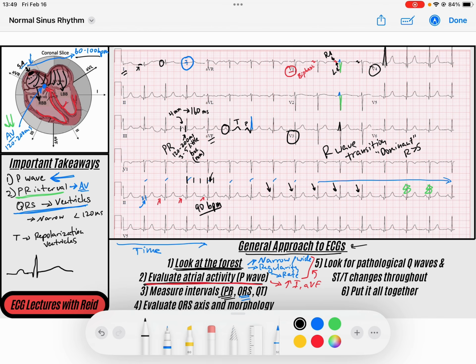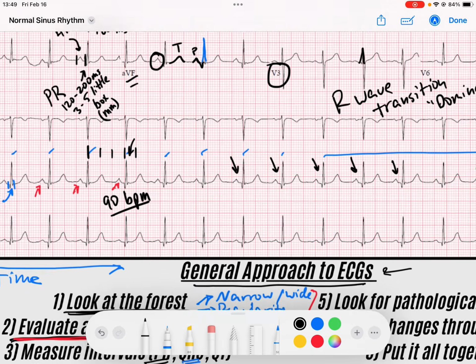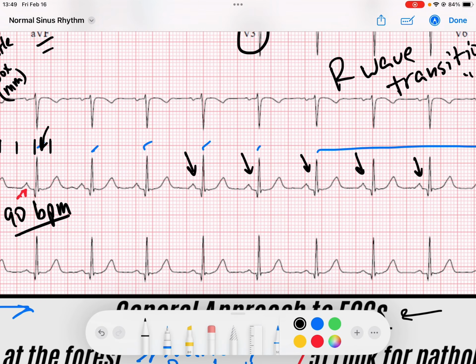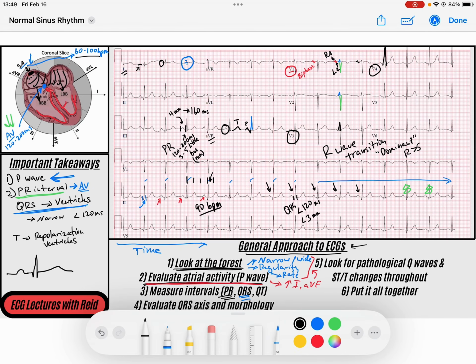And so those are all the features of a regularly conducting QRS complex, ventricular depolarization in a normal sinus rhythm, where we have a narrow QRS. If I measure this QRS, it is less than 120 milliseconds, or less than 3 small boxes.